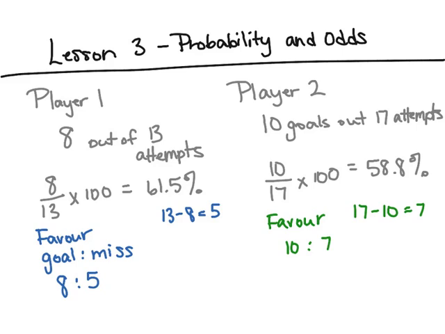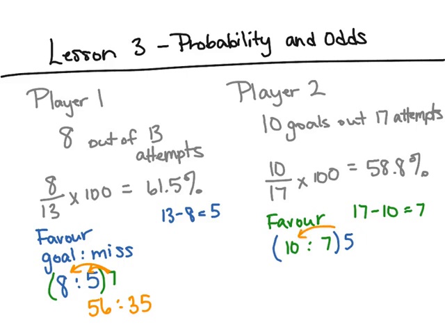So we can't compare 8 to 5 and 10 to 7, so what we're going to do is multiply our first ratio by 7 and our second ratio by 5 to try to make them equivalent. So when we distribute, we have 8 times 7, which is 56, and 5 times 7, which is 35, so we have 56 to 35.